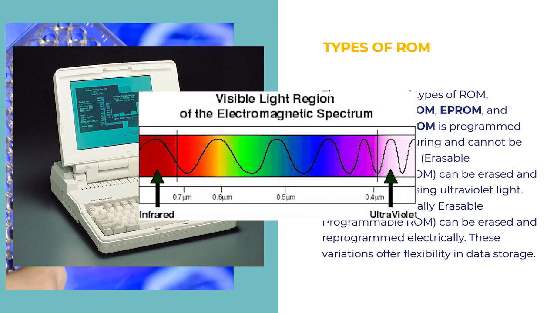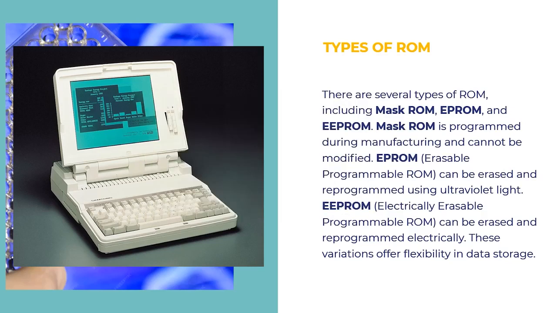That ultraviolet is almost invisible to the human eye, very sharp light. And that light was able to delete files from the EEPROM. That explained why people would leave their computers under the sun and find out that some of their files were gone forever.